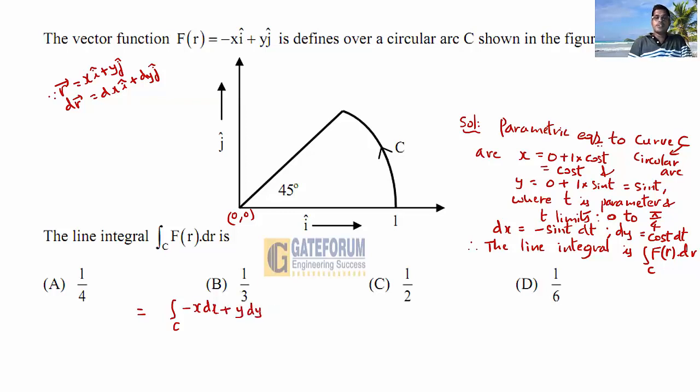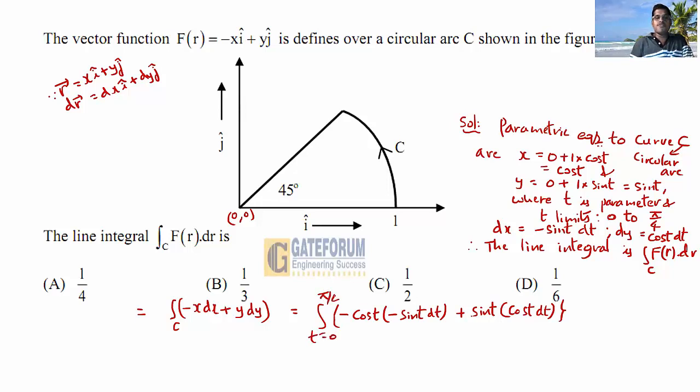Okay, so x value cos t, dx value minus sin t dt, y value sin t, dy value cos t dt. Integrating with respect to t, these two terms, t limits 0 to pi by 4, nothing but 45 degrees.